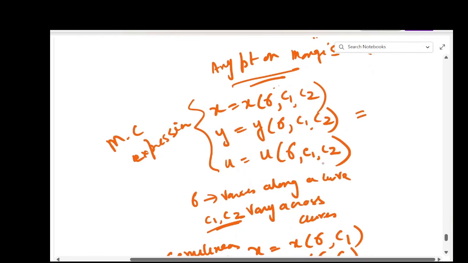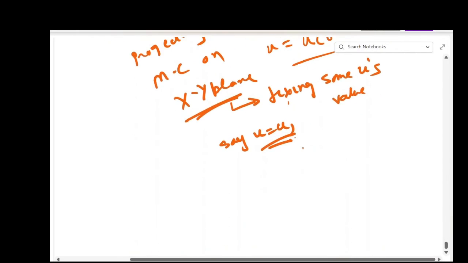Once I fix u equals u1 here, then by eliminating sigma, you can easily find x and y will again be functions of these two parameters. So the projection of Monge's curve on the xy plane, fixing some u value, will give me characteristic curves.